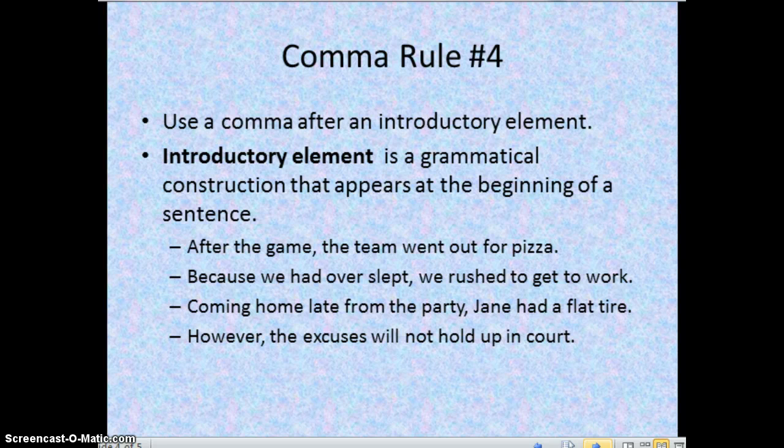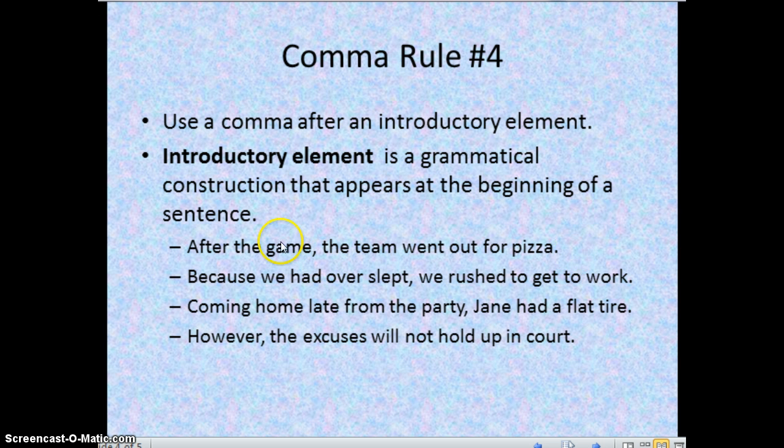So some examples that I've given you are: after the game, because we had overslept, coming home late from the party, and however. If you'll notice, this is how I know that there's an introductory element, comma, sentence. For example, in the first one, after the game, I know that that is not a sentence at all. But I do know that the team went out for pizza is a sentence.